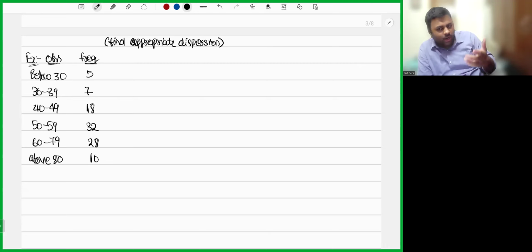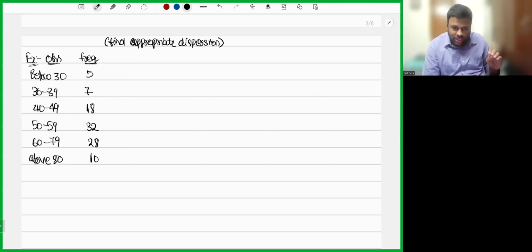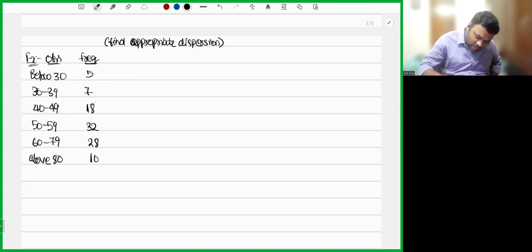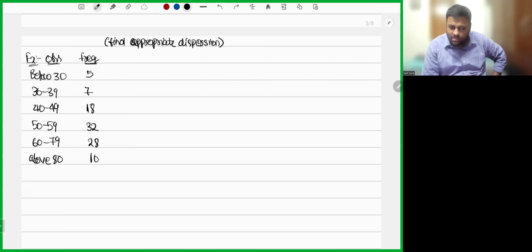Above 80 can be 80 to 100, 80 to 1000, anything. So whenever you have open-end classification, the best measure is quartile deviation. Why, sir? Simple, sir. Quartile deviation is based on the middle 50% of the observations, so it falls somewhere in between. That's the reason quartile deviation is best.